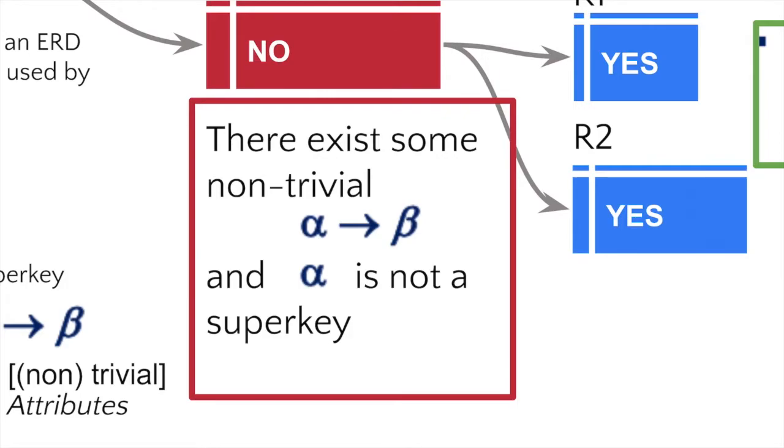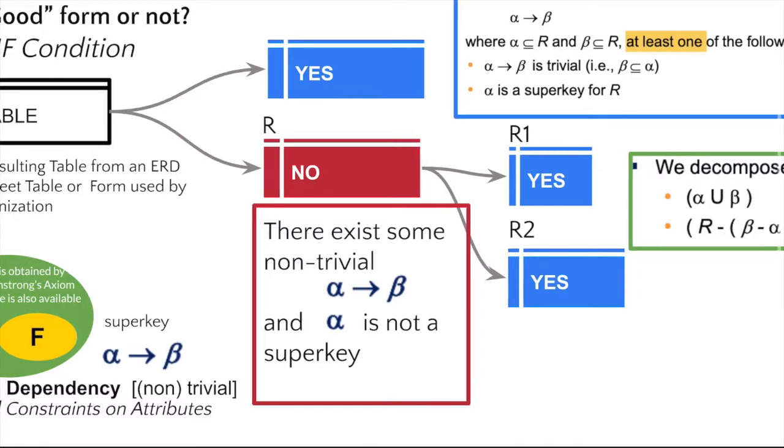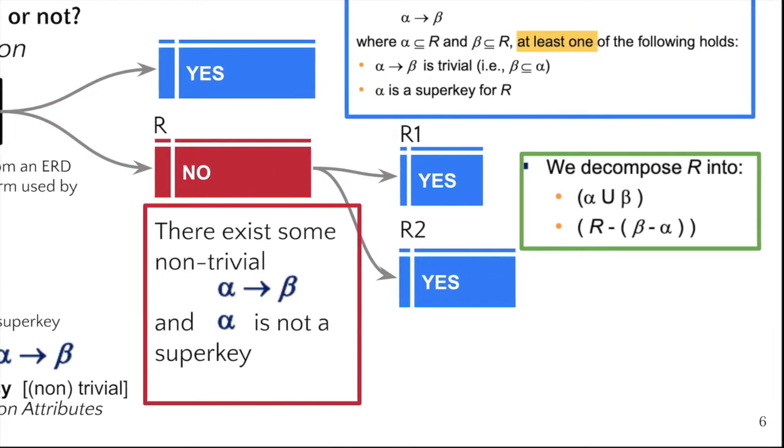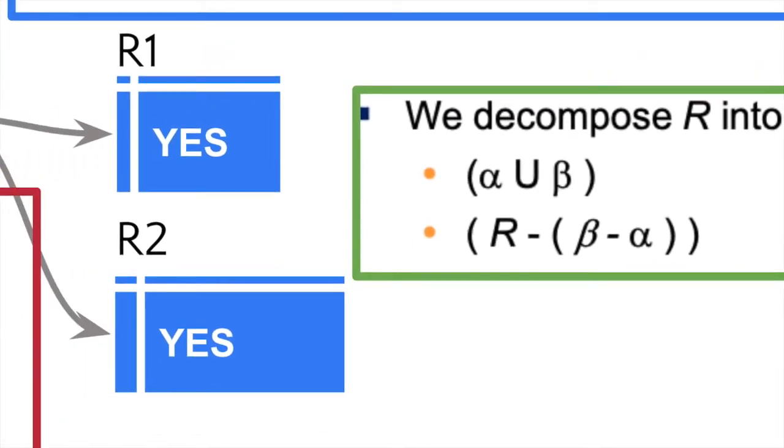So, if this is true, nag-violate si alpha to beta sa Boyce-Codd normal form, then by using alpha and beta, we can actually decompose the original R to some R sub 1 and R sub 2 such that yung R sub 1 niya is defined by alpha union beta and then yung attributes naman ni R2 ay defined by this expression.